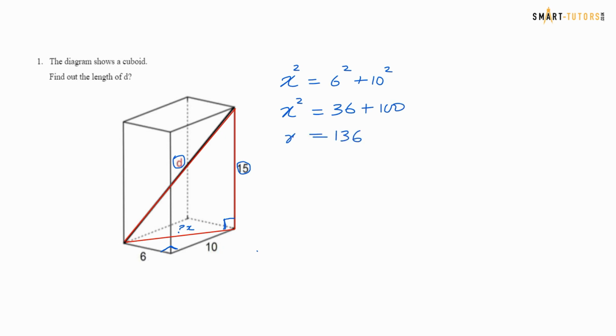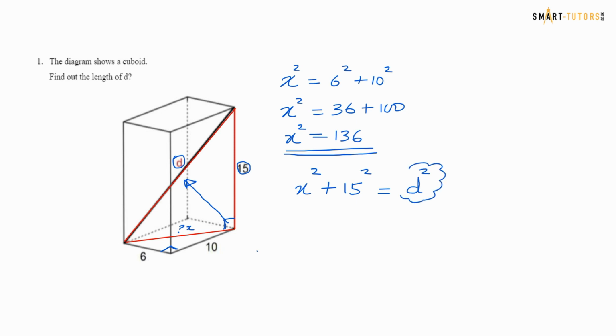Don't try to find out the answer for x. Keep it as x squared because we need that in the next step. The next step is for the right angle triangle: x squared plus 15 squared equals d squared. Don't make any careless mistake. The side opposite the right angle is the one standing on its own.